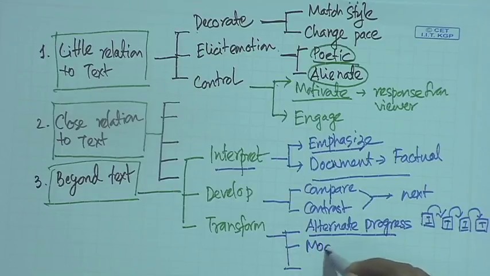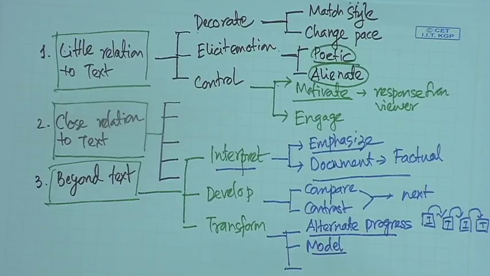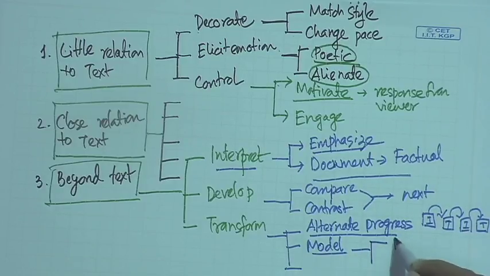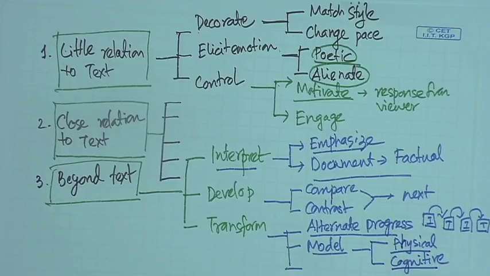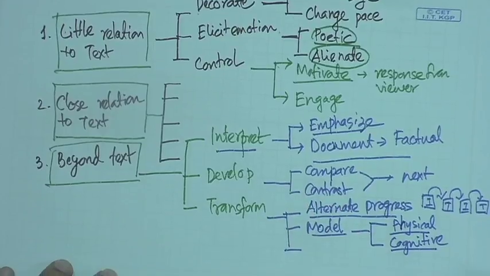There could be a sense of model. You are modeling something, you are transforming something. Many of the illustrations are examples of model, where you are trying to depict a physical process, or you are trying to develop a cognitive process. Many of the science and engineering drawings, illustrations are cases of physical and cognitive modeling, where you are transforming image for a text.